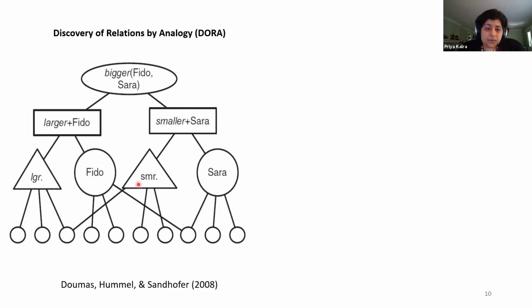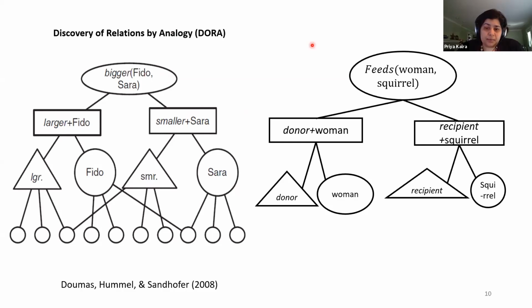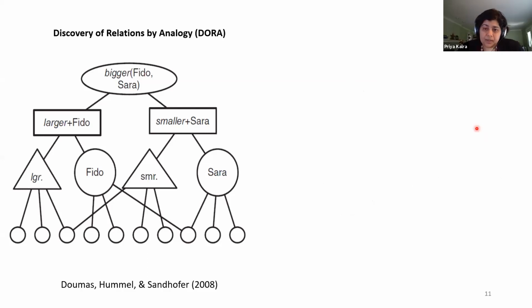So the role and the entity have to be bound in order for the relation to be parsed. And so with our example from above, the entity woman has to be bound to the role of donor, and the entity squirrel has to be bound to the role of recipient.